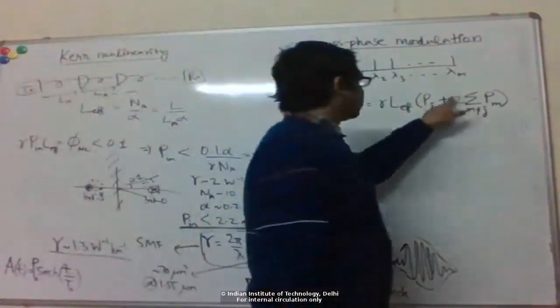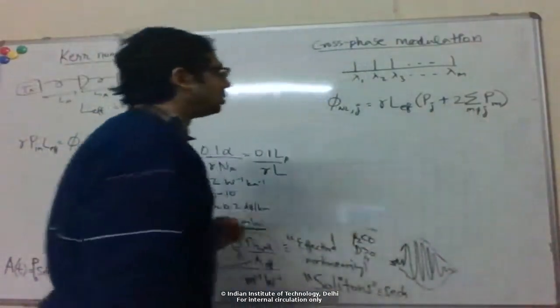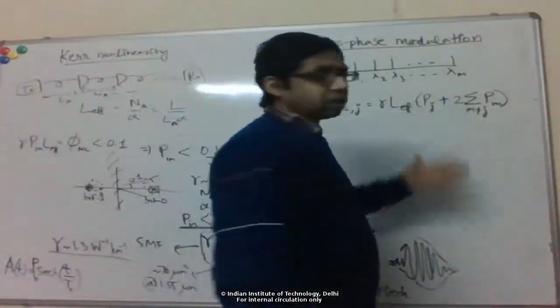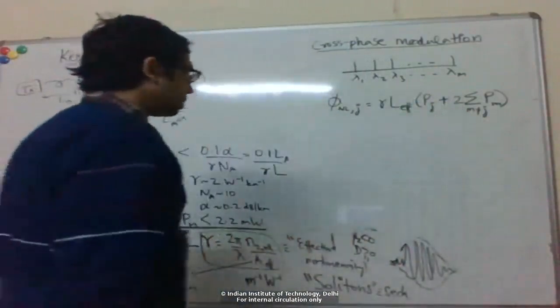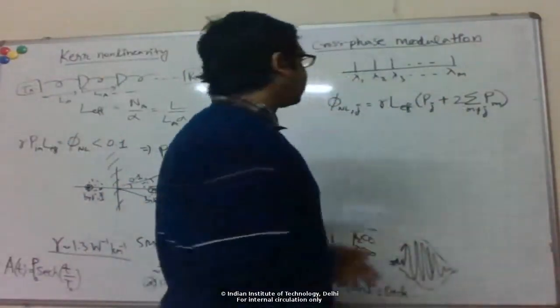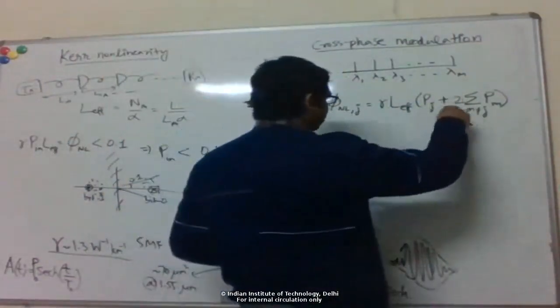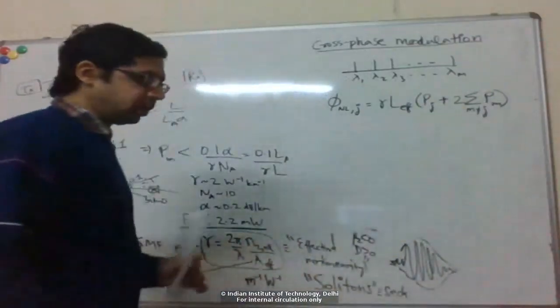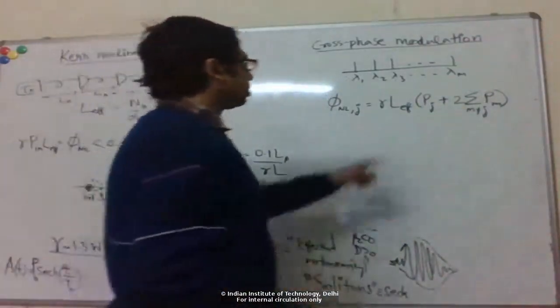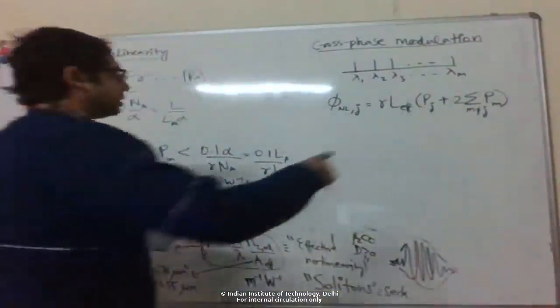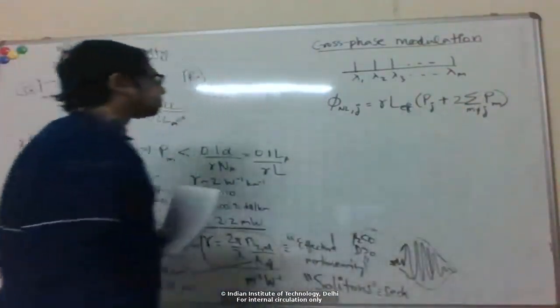So that's a factor of 2. We are not discussing this in detail, but if you do a nonlinear optics course, then the origin of this 2 will be discussed in more detail. For now, you can just think of it as there are twice as many ways of this nonlinear interaction happening between 2 different wavelengths as opposed to the self interaction happening. So that's a factor of 2.